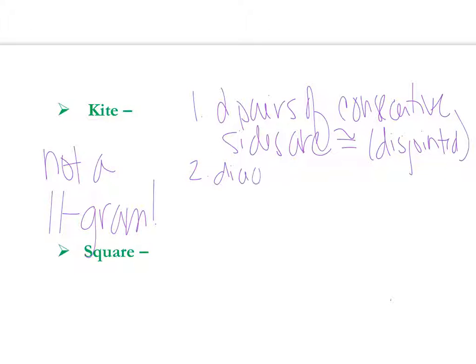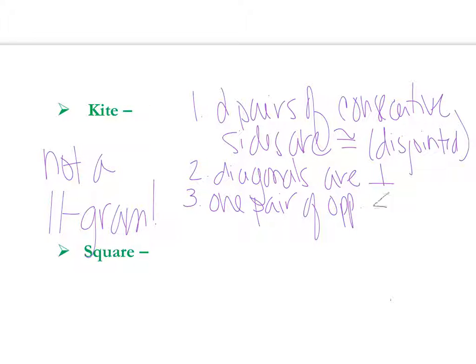Diagonals are perpendicular. One pair of opposite angles congruent, only one pair, not both. One diagonal is the perpendicular bisector of the other.